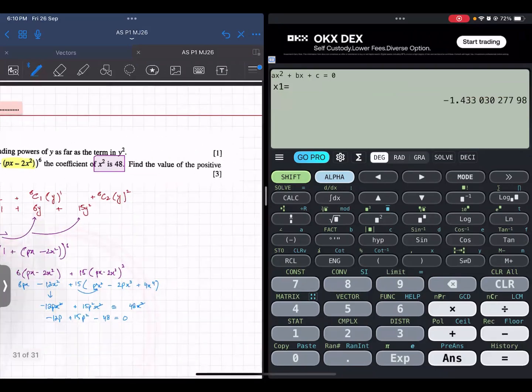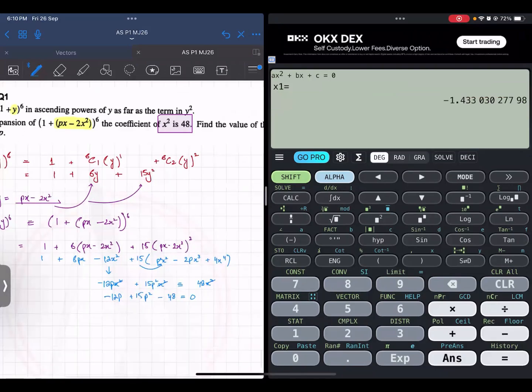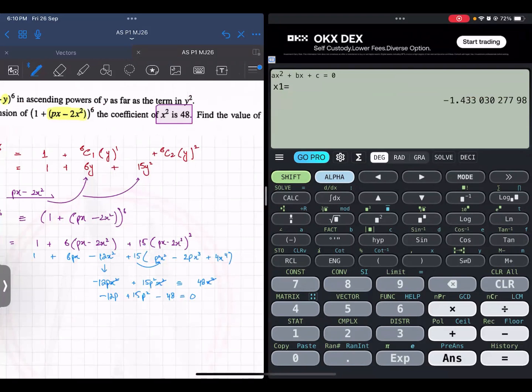Find the value of the positive constant p. Maybe I think we have done it wrong, because we're getting a very unusual answer. Let's see.